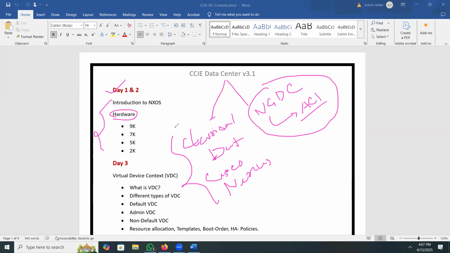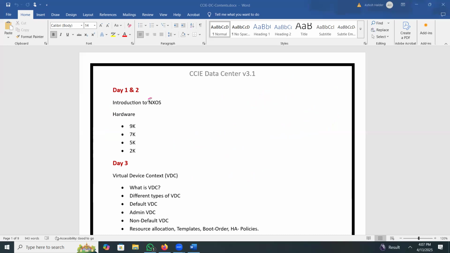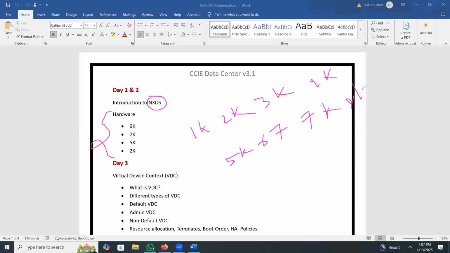Let me discuss the traditional data center and what devices we will use. First we need to go through the hardware. What is the hardware for the Nexus series? The Nexus series starts from 1K, then 2K, 3K, 4K, 5K, 6K, 7K, and 9K.